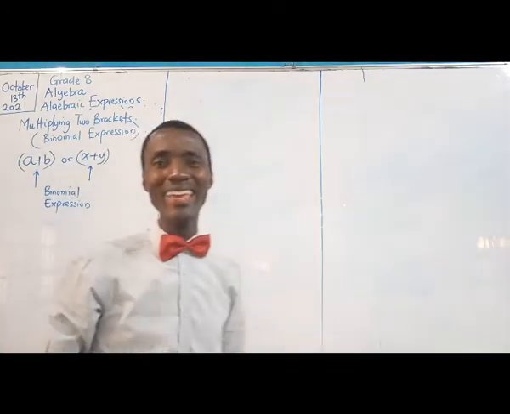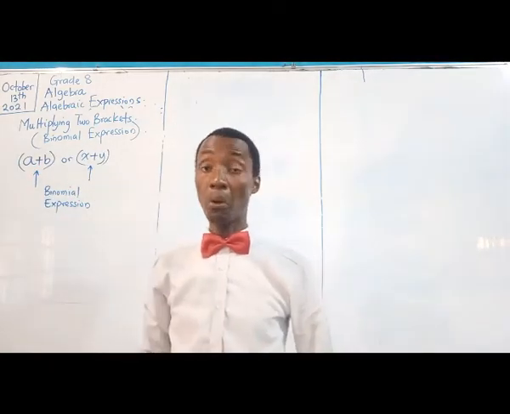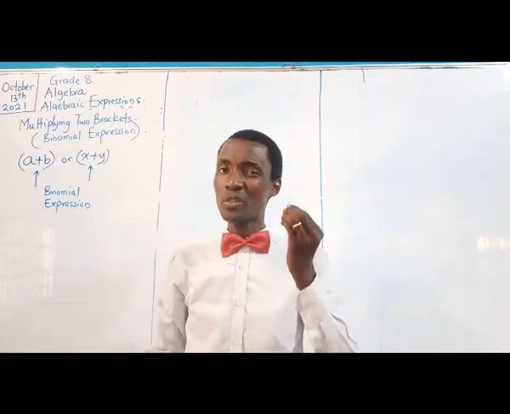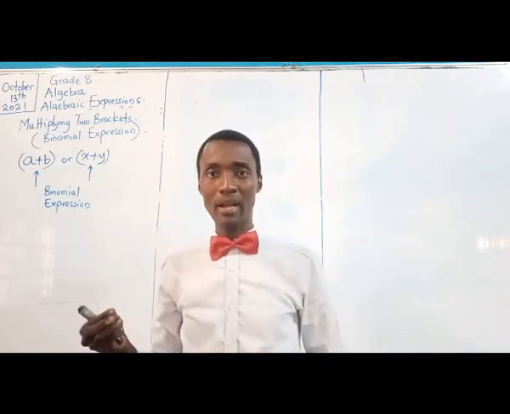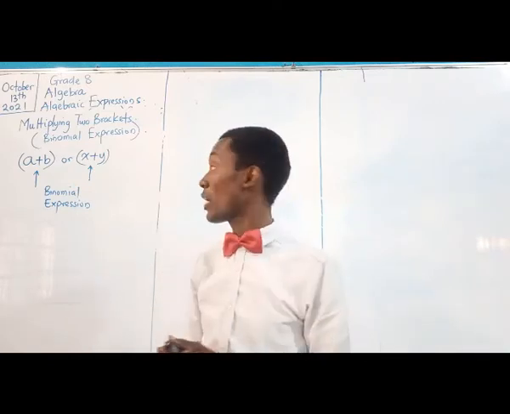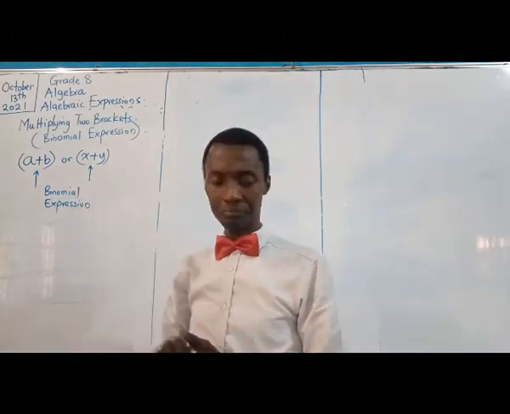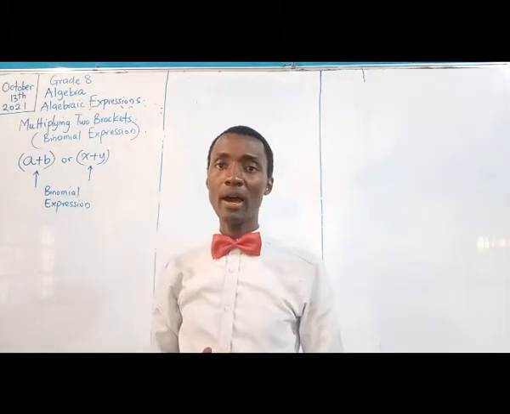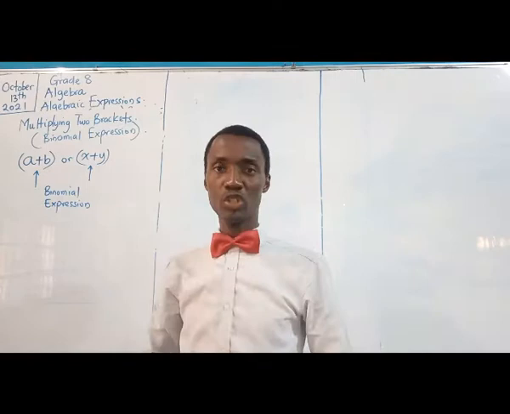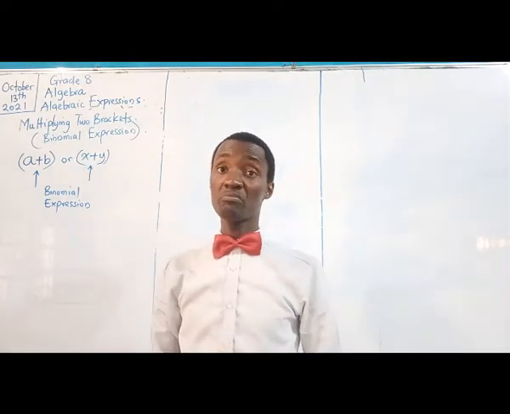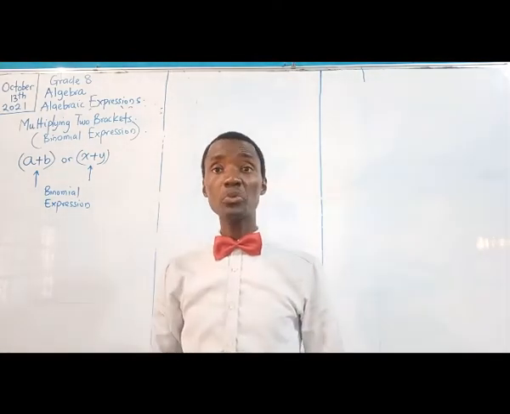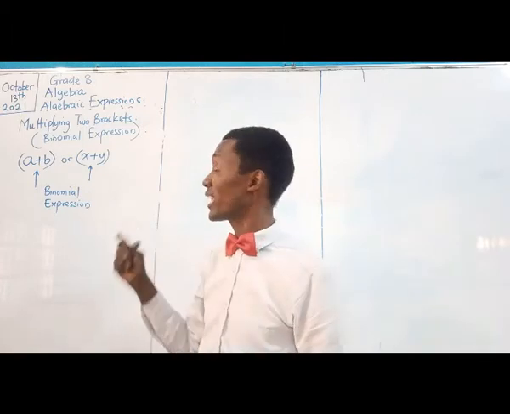Two algebraic terms, or sometimes an algebraic term and a number. So that's what we talk about here. So this is a binomial expression. It's made up of maybe two unknowns or two letters connected by either an addition or subtraction.